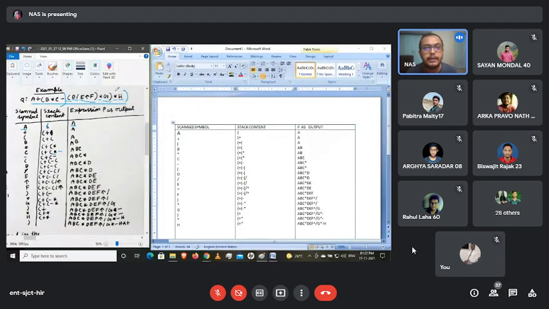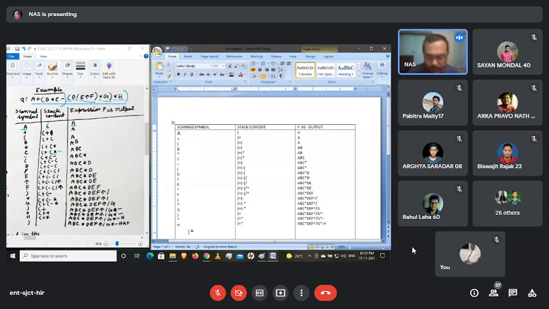Then it is going to read the symbol closing bracket. So within the bracket, plus, star and closing bracket we are encountering. That means all the operators within them will be popped according to the order.